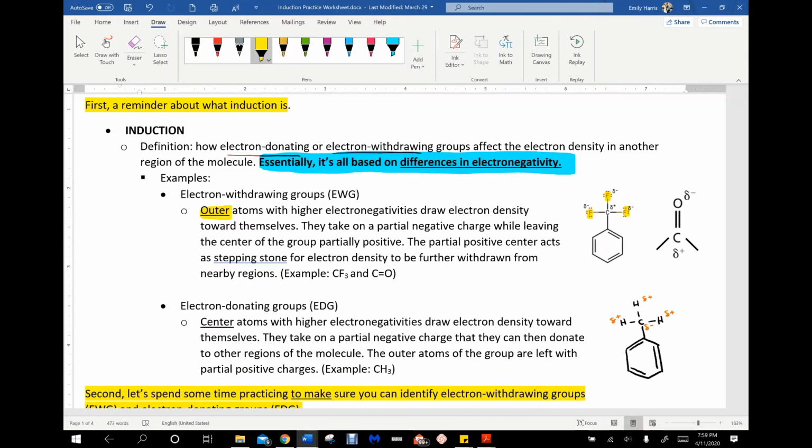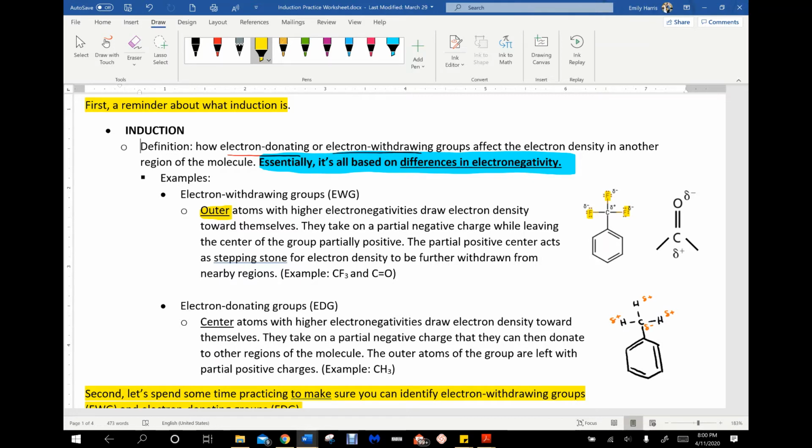Since they have a higher electronegativity, they draw electron density toward themselves. This makes them take on a partial negative charge while leaving the center of the group partially positive. That partial positive center can then act as a withdrawer to take away electron density from other regions of the molecule that it's connected to, all right?